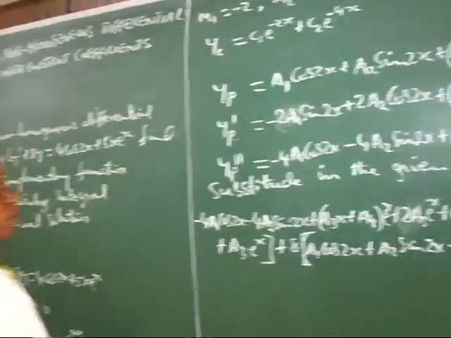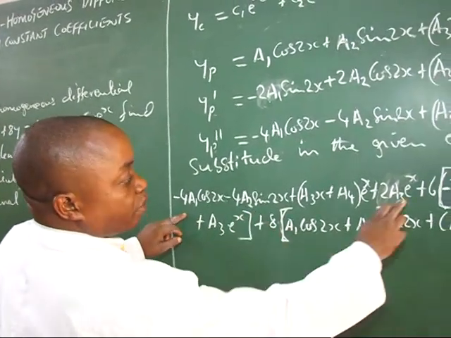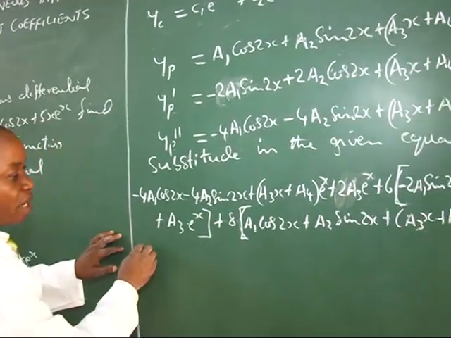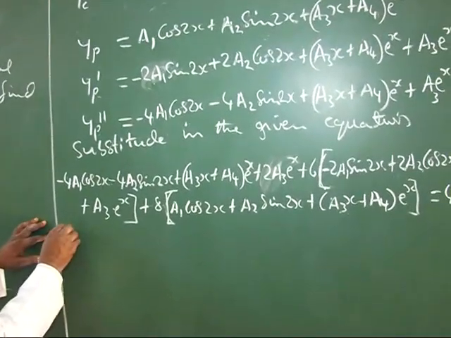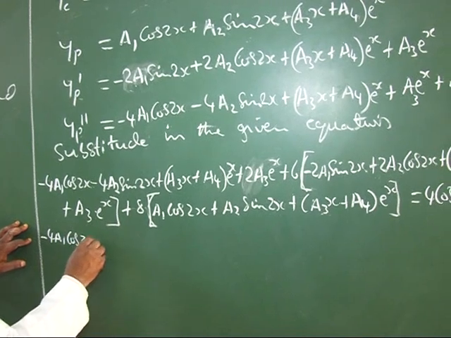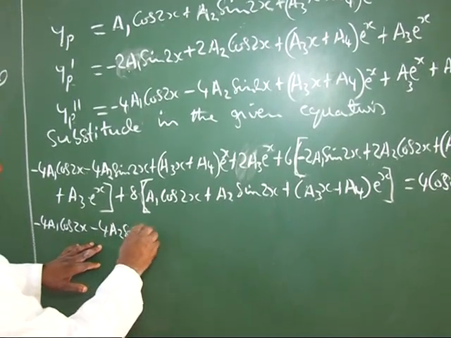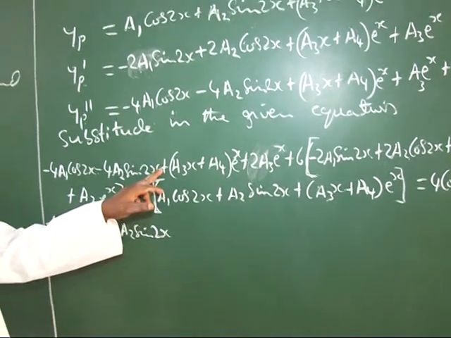Okay, so we now see that by opening these brackets, we will have minus 4a1 cos 2x minus 4a2 sine 2x.